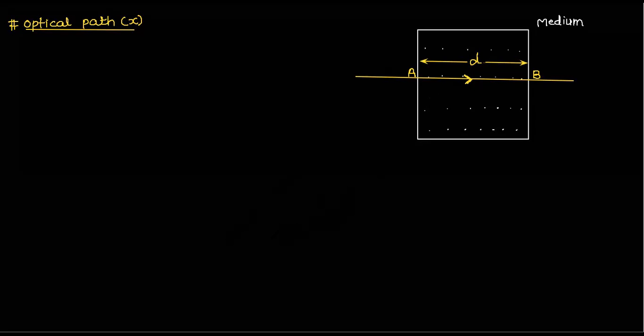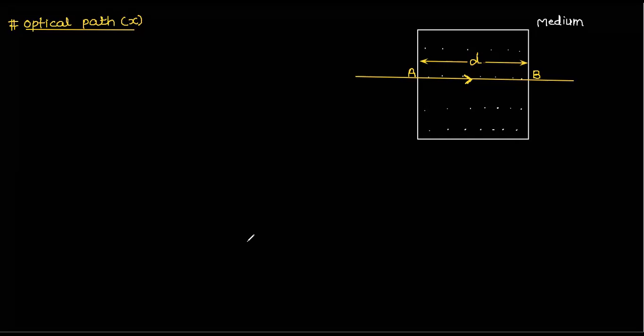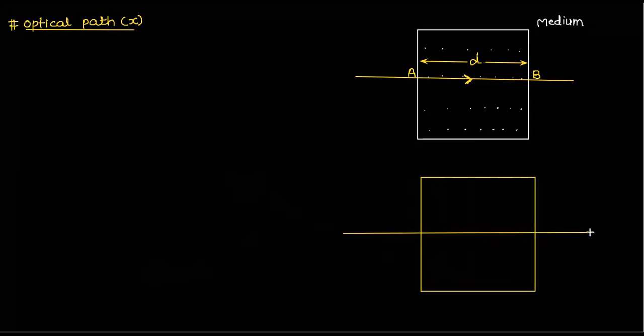And now we have taken vacuum. There are no particles. So let us suppose this is a vacuum now, which I have indicated with a yellow square. Now a light ray is passing through this complete vacuum.